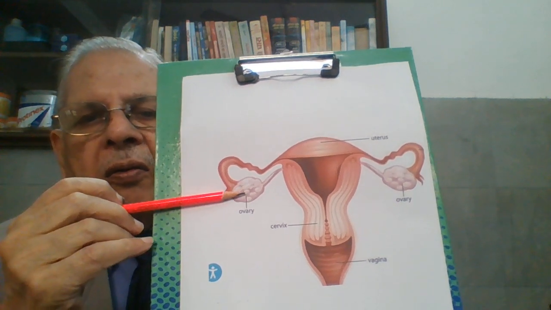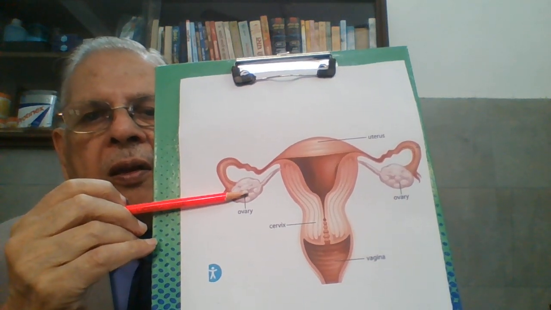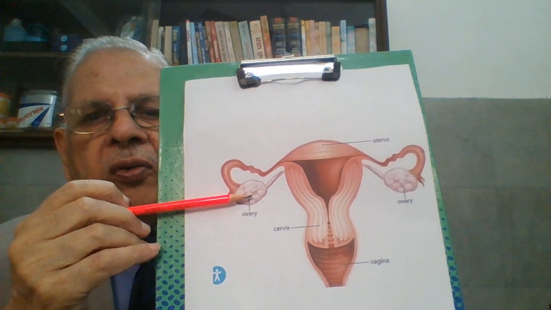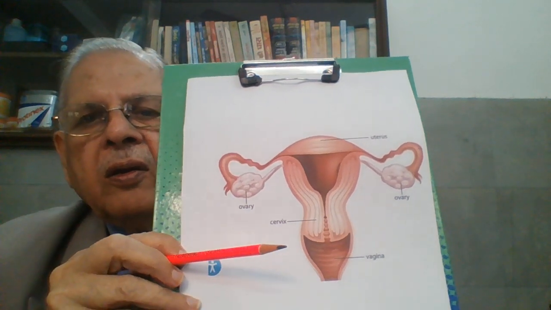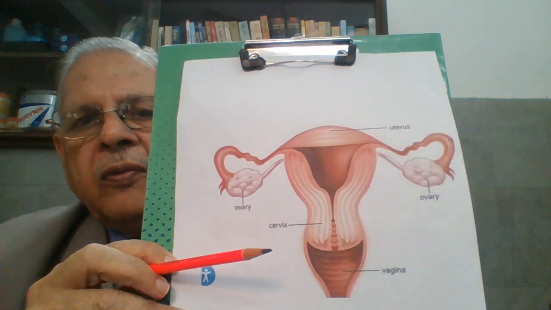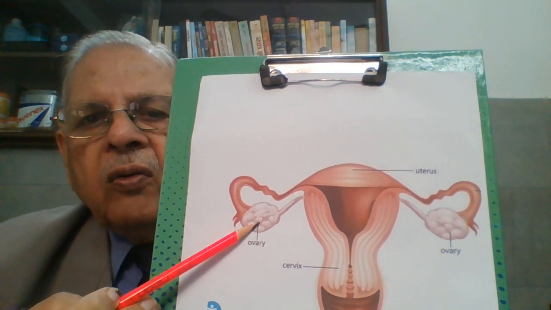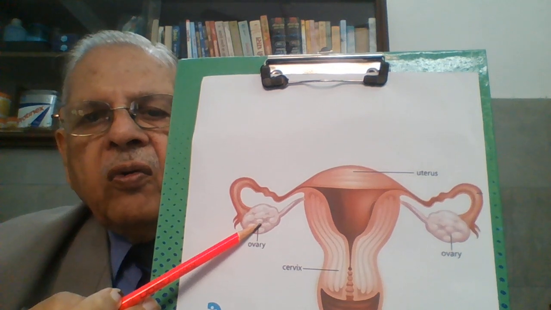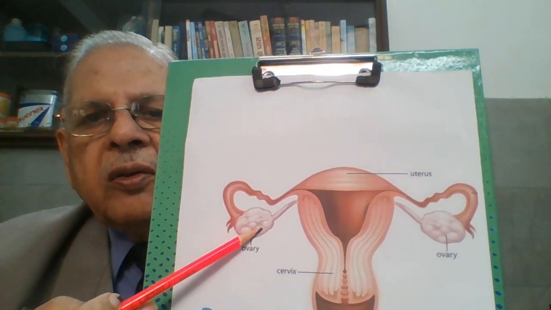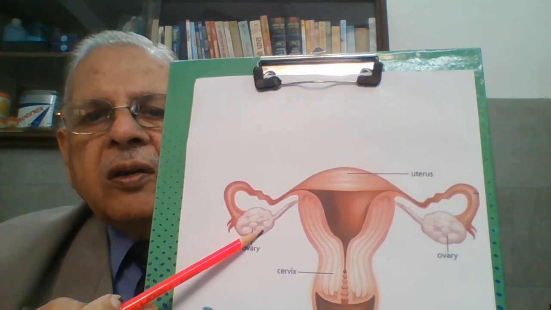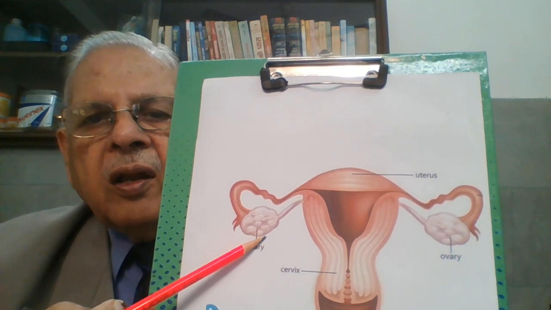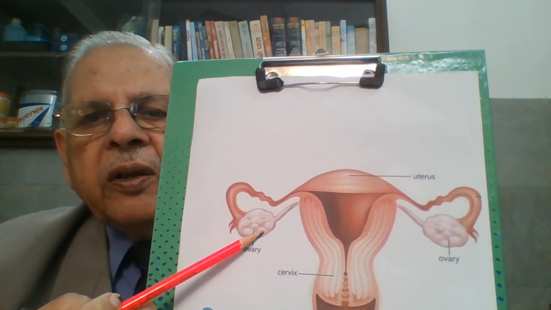The word ova we use for the plural, and ovum we use for single. Egg is called ovum. These eggs are produced in the ovary. These are under the control of certain hormones, which is purely medical part.